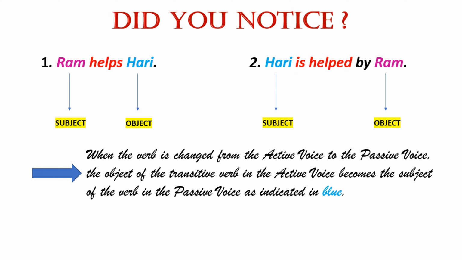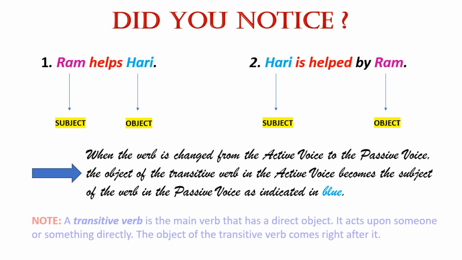As you can see in both the sentences, the word Hari is in blue. In sentence 1, Hari is the object and the same Hari is the subject in sentence 2. That's the fun of converting the active voice into the passive voice.